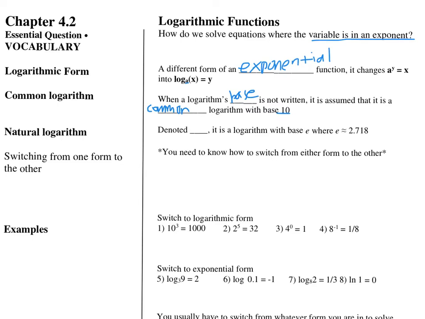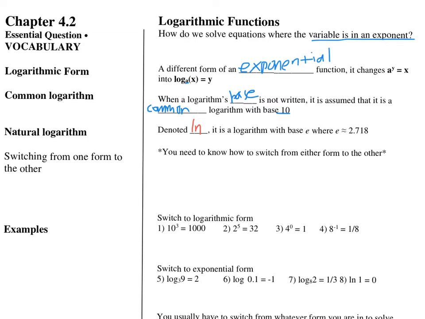And then lastly here, we're going to have something kind of similar but a little bit different, and this is called the natural logarithm. And so a natural logarithm is denoted as ln. I think that means like log natural, or it probably comes from the Latin. So I don't know how you say that in Latin, but that's why it's ln instead of nl. In English, we say the adjective first, but that's what it is, ln. That is a log, and so that's going to be a log with base e.